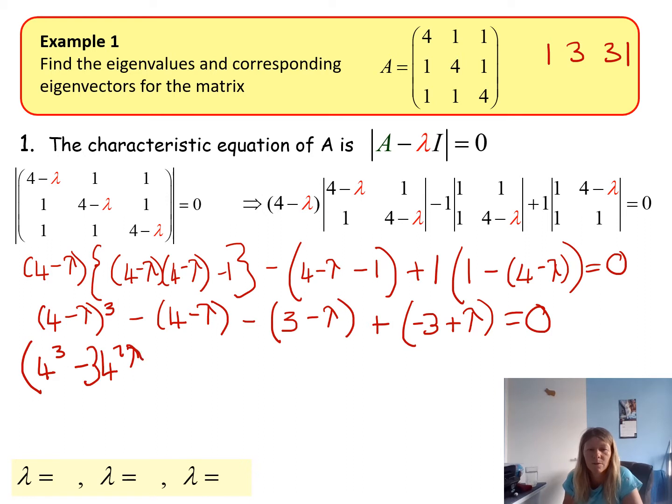And then we'll have plus 3 lots times 4 lambda squared, and then minus lambda to the power 3.